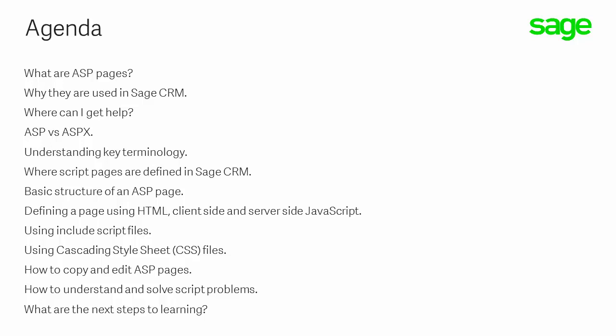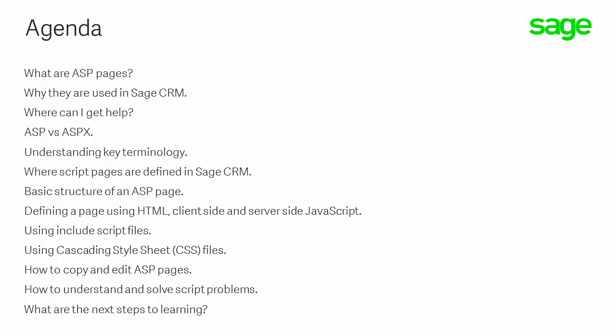We'll see that the way Sage CRM approaches its construction of ASP pages is to make use of scripting files and cascading style sheets to control the presentation of the information that is written out onto the screen.